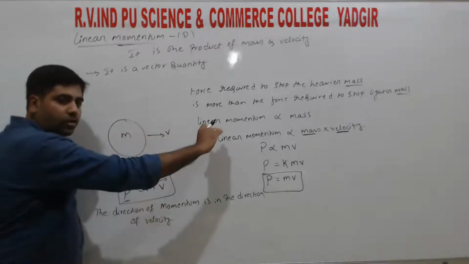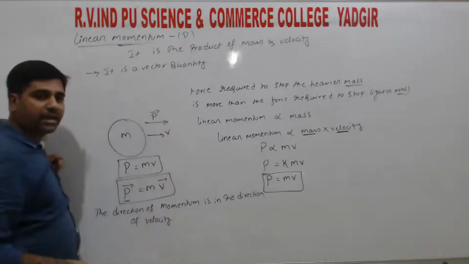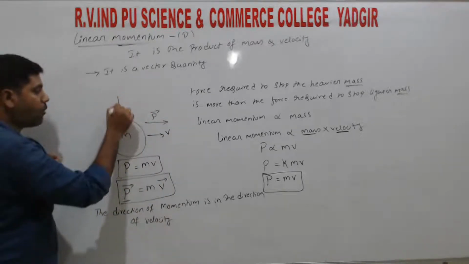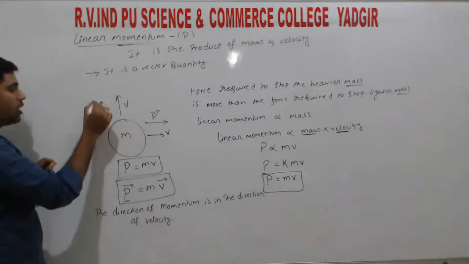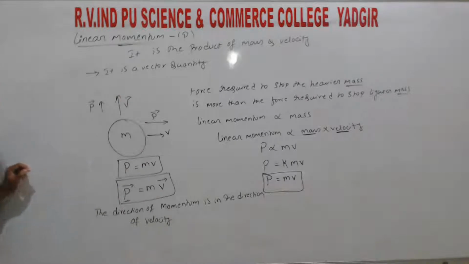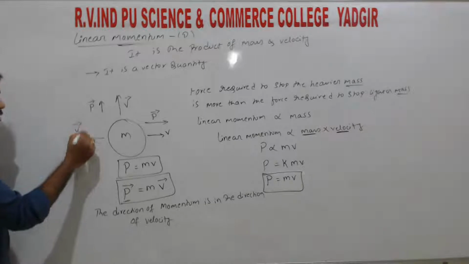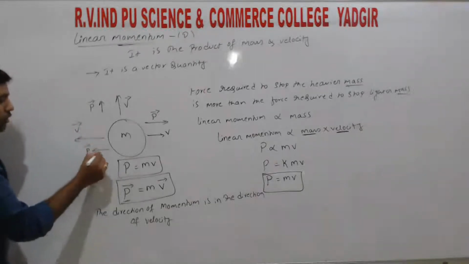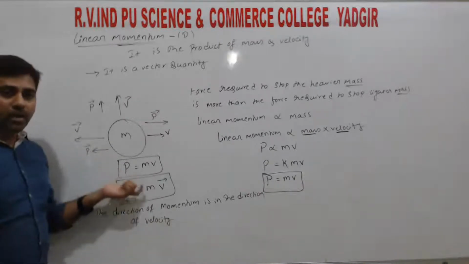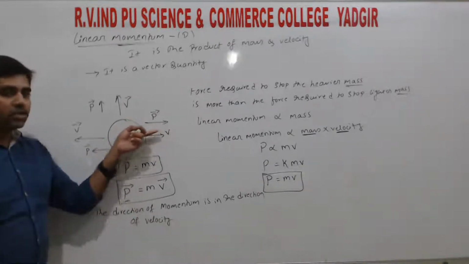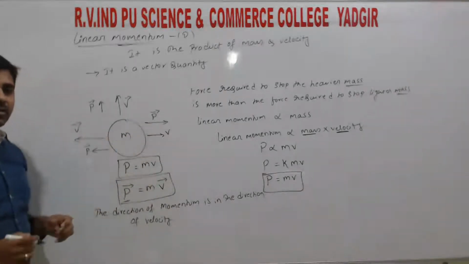If velocity is along the x-axis, momentum is also along the x-axis. If the object is moving upward, velocity is in the upward direction, so the momentum is also in the upward direction. If the object is moving in the negative x-axis with some velocity, then momentum is also in the direction of velocity. Momentum is always in the direction of the velocity.